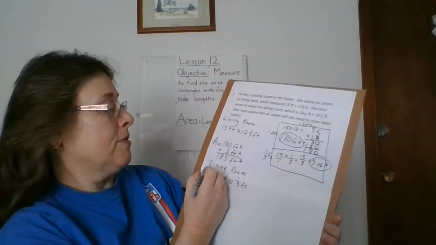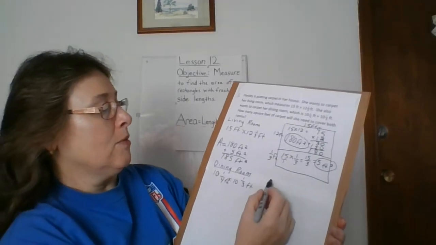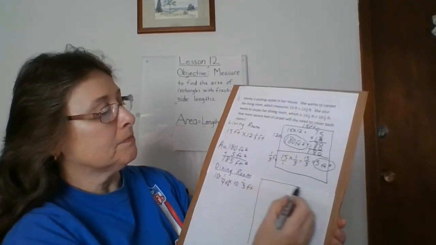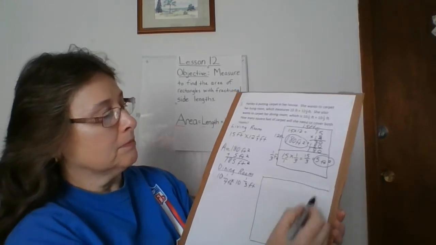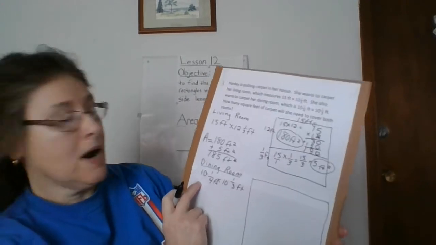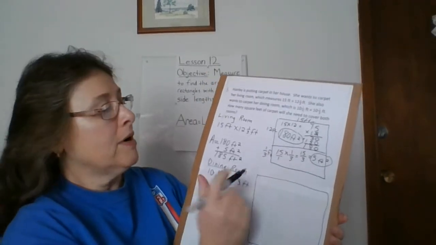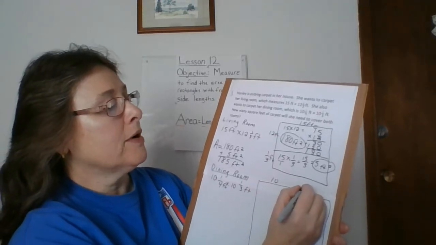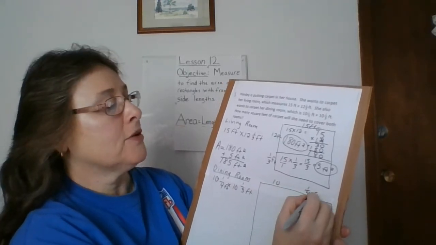So we're going to do the same thing as for the living room. We're going to make an area model. And we have to break apart our 10 1/4 into 10 whole and 1/4. And these are both feet.